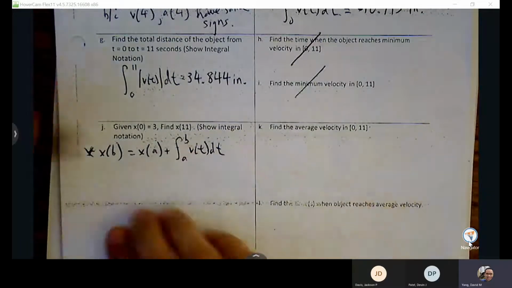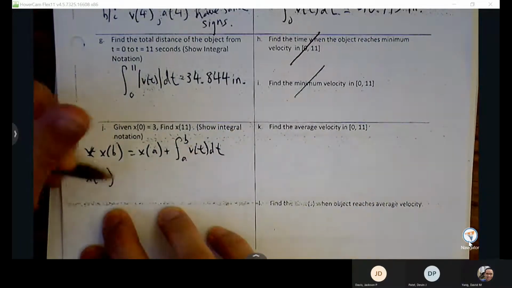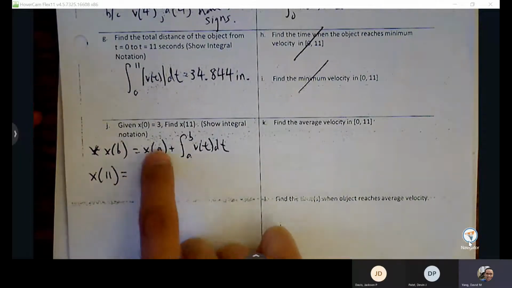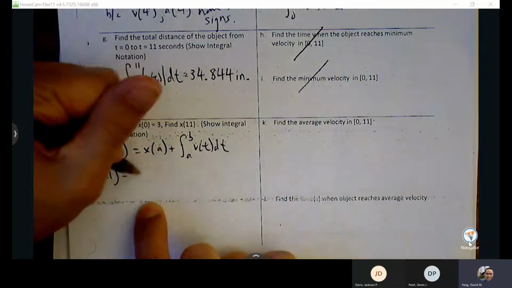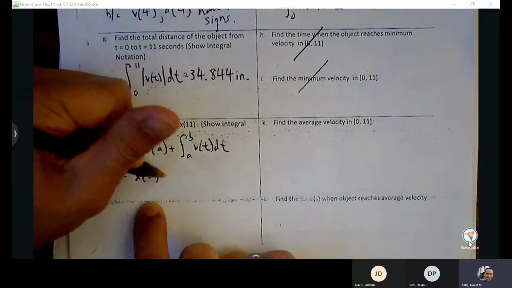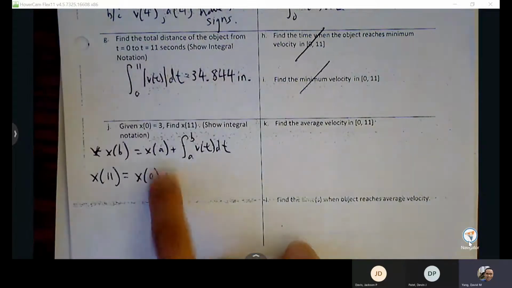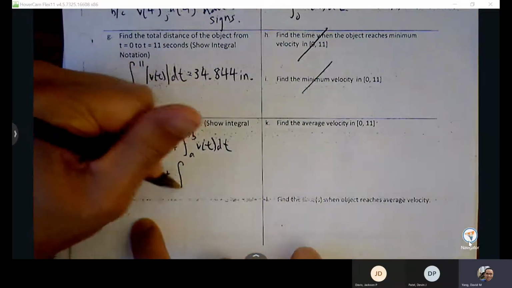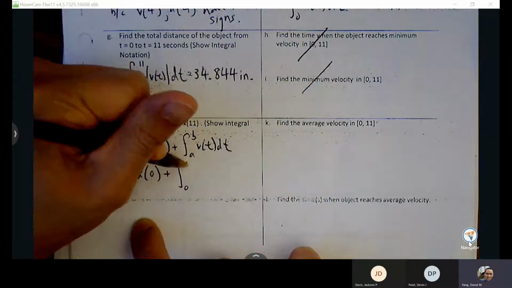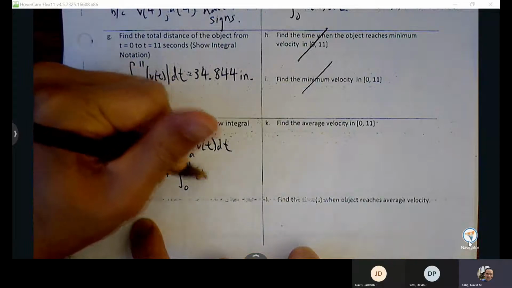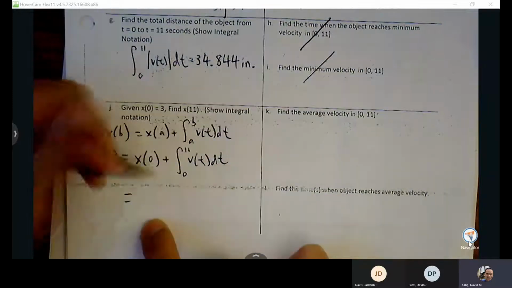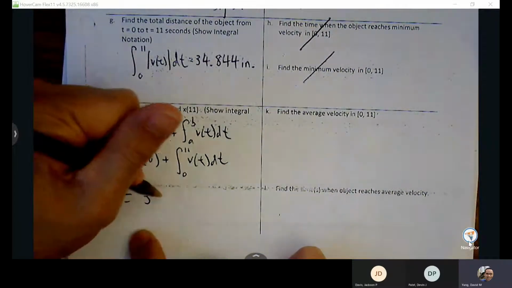So if I want to find X of 11, I want to find the location of this object at 11 seconds. I need to know where he's starting. He's starting at time 0, location 3, and then we want to find the progress in that time interval. X of 0 is 3, so he's starting off at location 3.